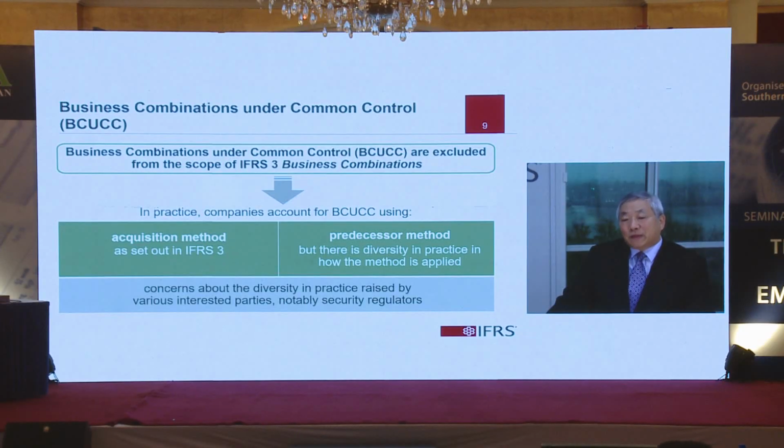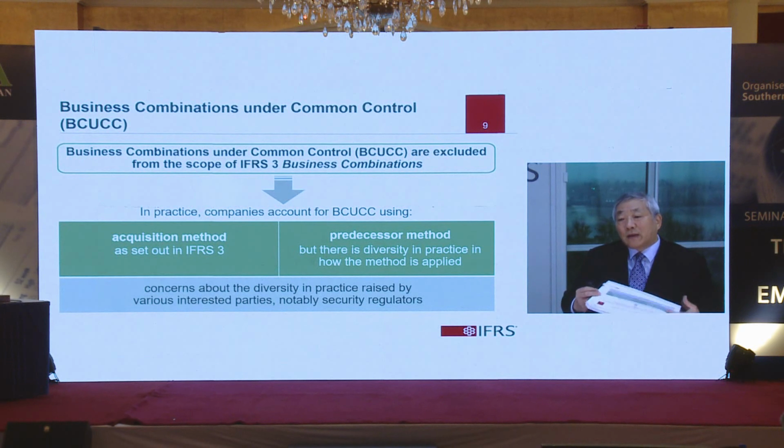Anyway, these two methods are being used in practice. So there is a loss of comparability and some problem with relevance. That's why we are going to develop a new standard that will get comparability among entities.